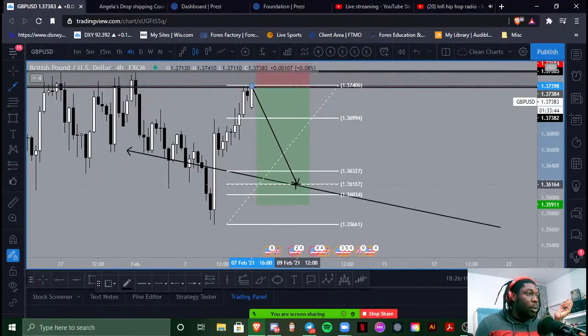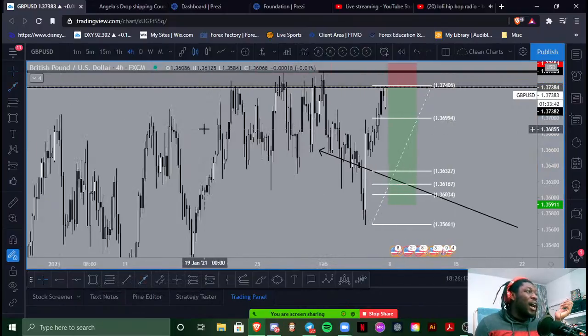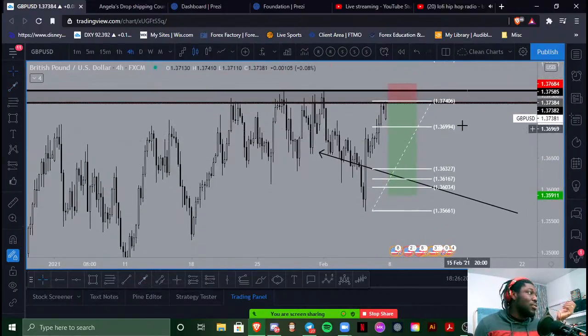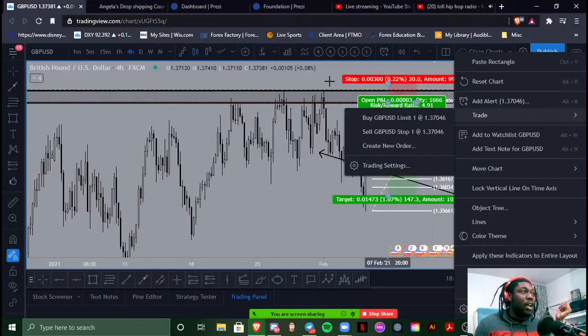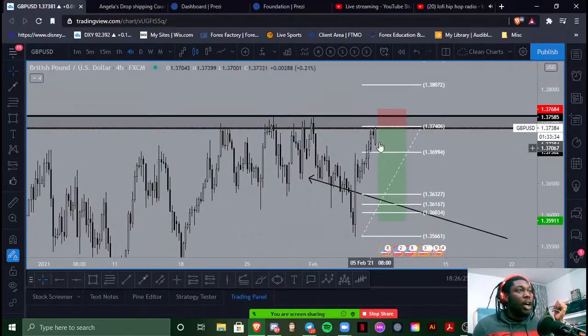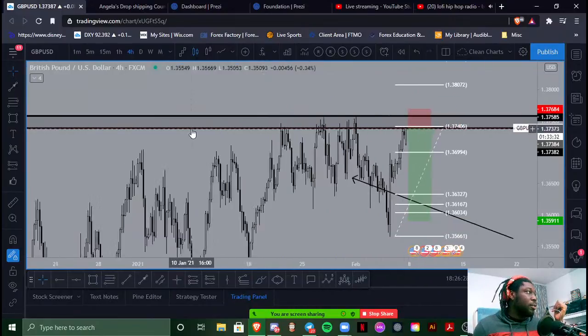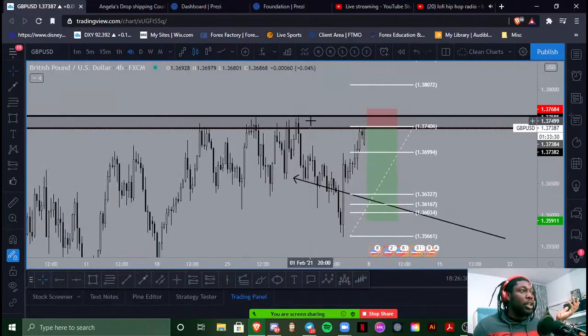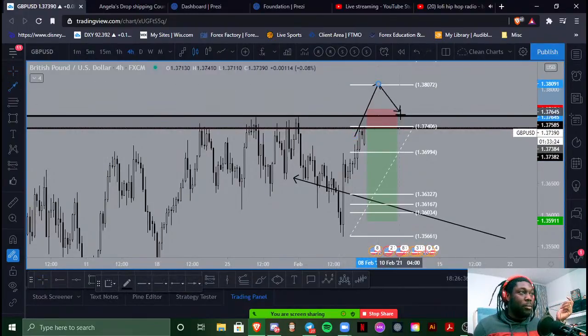I'd rather prefer 1.36167, but I don't want to buy, and I've been saying this for the past how many weeks now. I'm not looking for a bullish GBPUSD until this zone gets broken. Until this gets violated, I'm not really looking for buys on GU. So all I could really look for a buy on GU is this move right here.